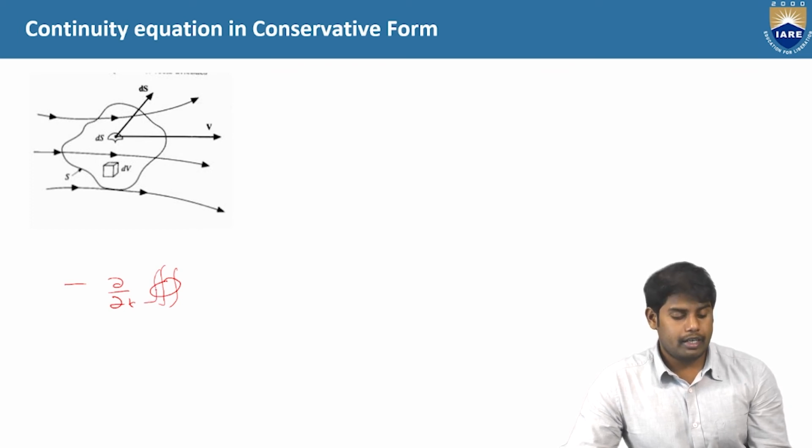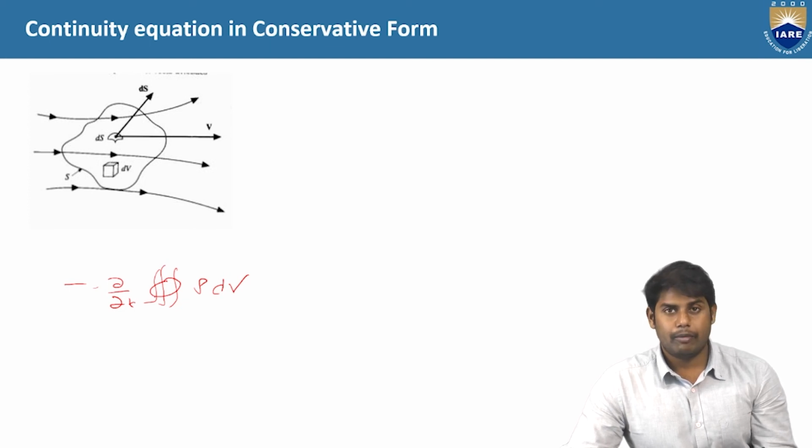The mass inside the control volume is nothing but density into volume, and the volume we are taking is dV, the elemental volume. So dou by dou t is the rate, and rho dV is the mass.